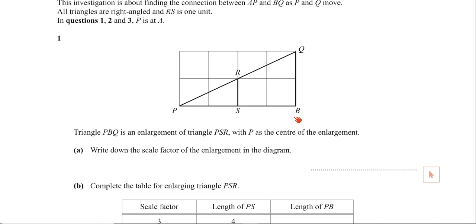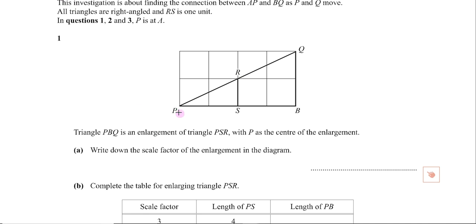So you can tell that the distance from P to S is half the distance from P to B, and the distance from P to R is half the distance from P to Q. And since you're finding PBQ from PSR instead of PSR from PBQ, the lengths are all getting doubled. So the enlargement or the scale factor is 2.